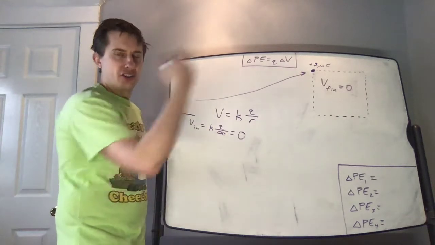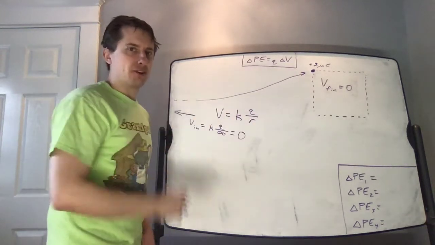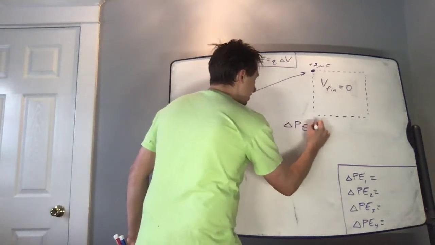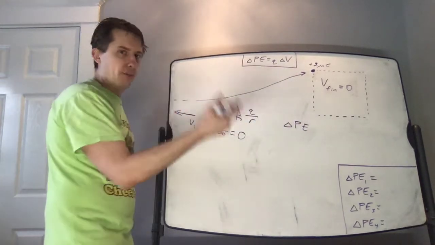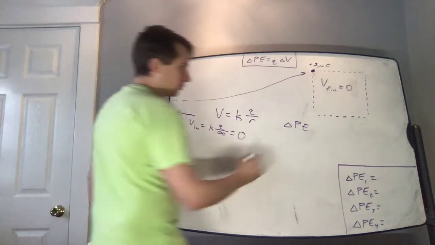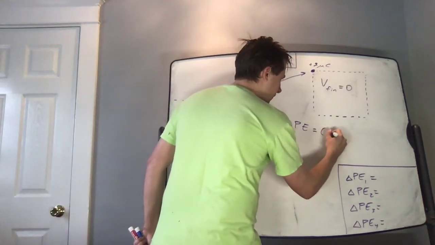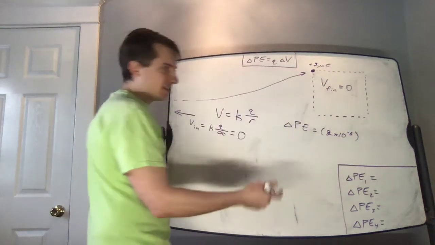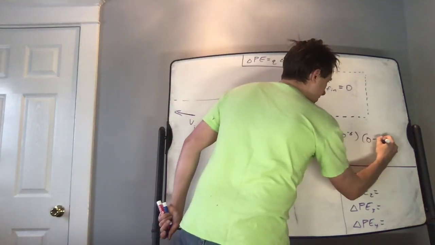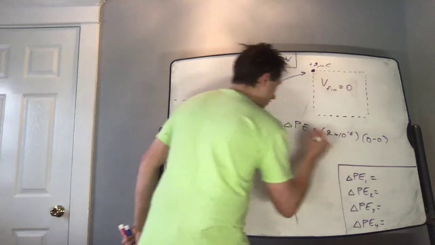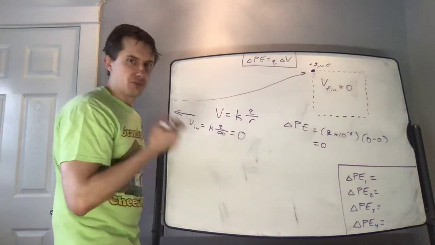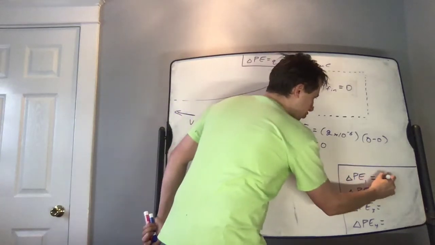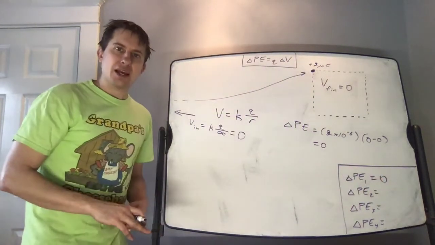Because again, these 3 other charges are infinitely far away. So I would say the change in potential energy in moving the +2 microcoulomb point charge will be equal to the charge of the particle that moves. So that'd be 2 times 10 to the -6 times 0 minus 0. And so the change in potential energy moving this charge is going to be 0. I will call this delta PE1, the first charge that we moved into place.